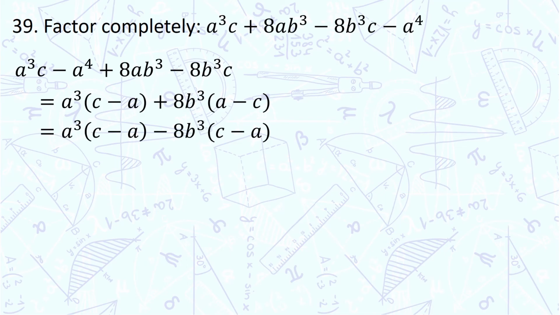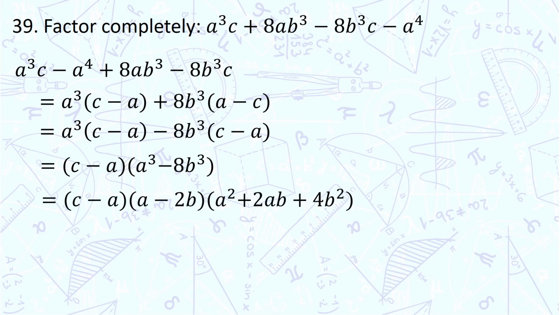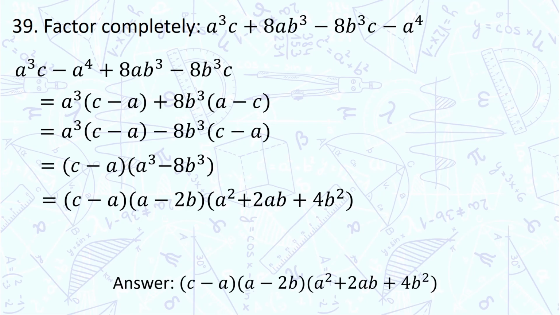The second term can be rewritten as negative 8b cubed times the quantity c minus a. So c minus a is a common factor. So we have c minus a times the quantity a cubed minus 8b cubed. Difference of two cubes can be factored. So we have c minus a times the quantity a minus 2b times the quantity a squared plus 2ab plus 4b squared. And that is our answer.